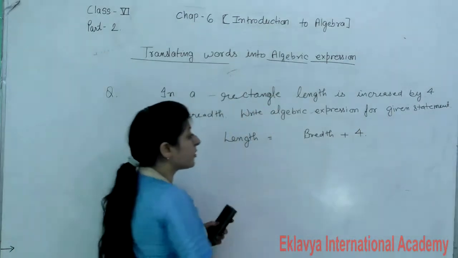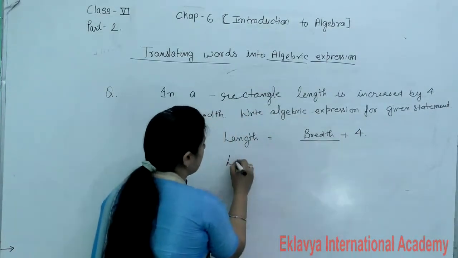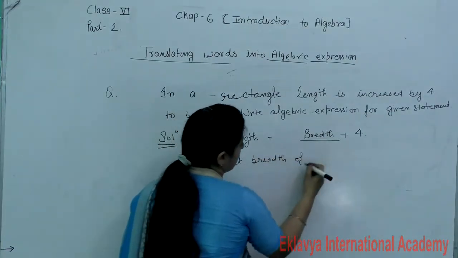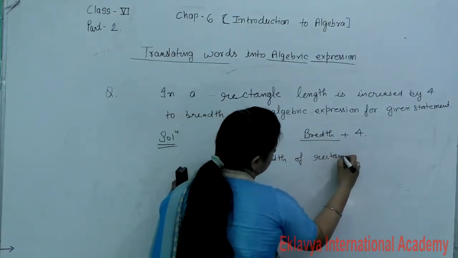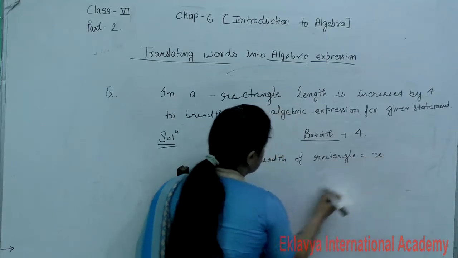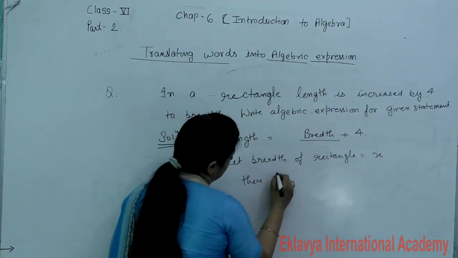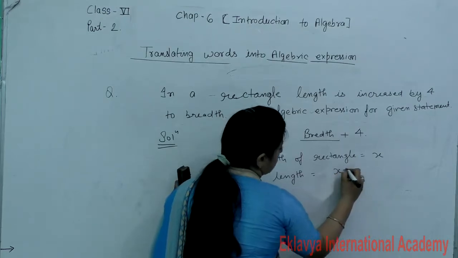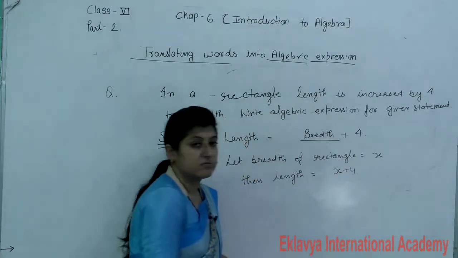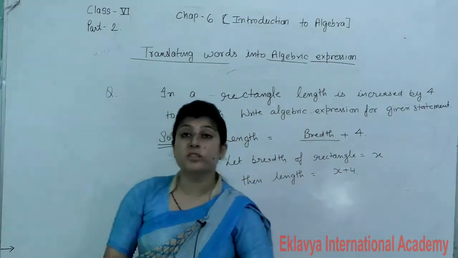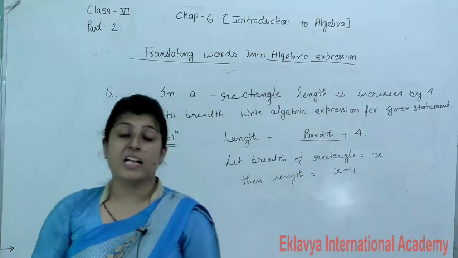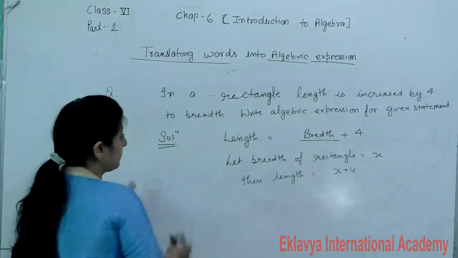Here, let the breadth of the rectangle be equal to x, then the length is equal to x plus 4. So this time we use these verbal expressions as algebraic expressions.